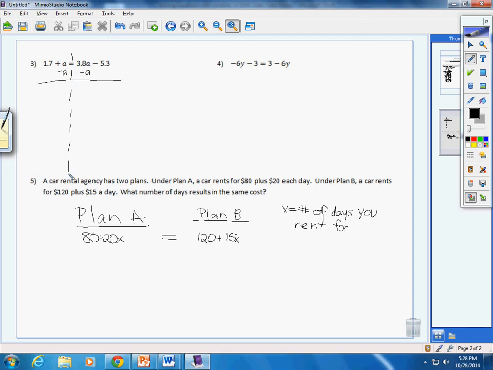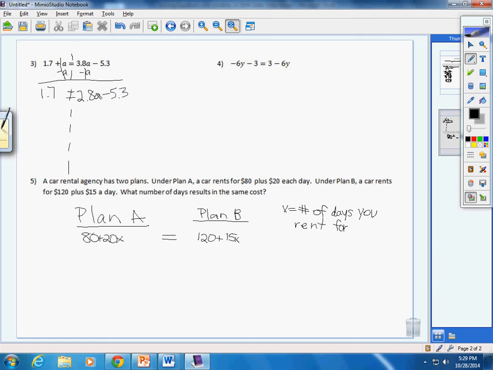The equal sign is considered the middle of the equation. 1a minus 1a is 0, so that's just 1.7 left over on the left side, equals 3.8a minus 1a. So 3.8 minus 1 is 2.8a, and we still have minus 5.3 over here. Guess what? Now we have all the a's on one side.